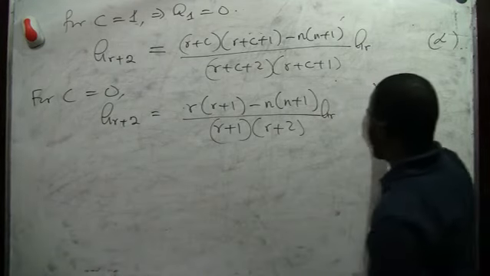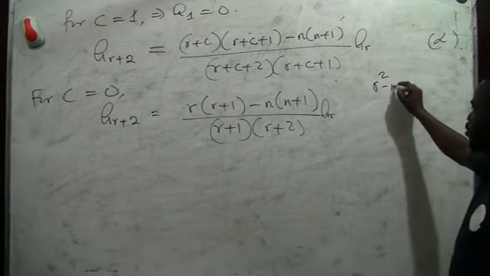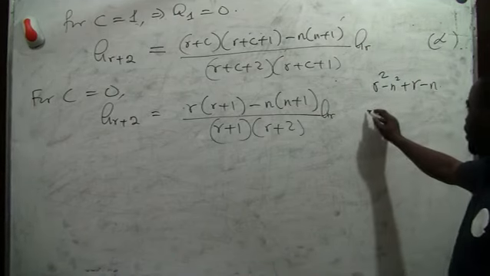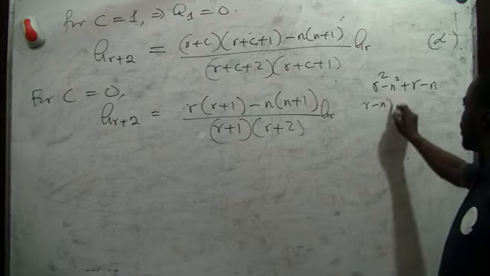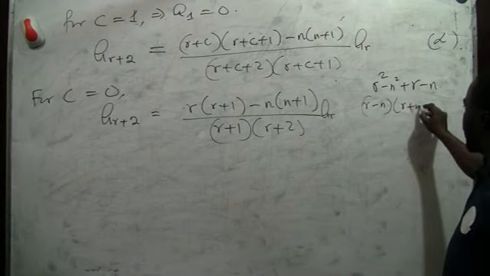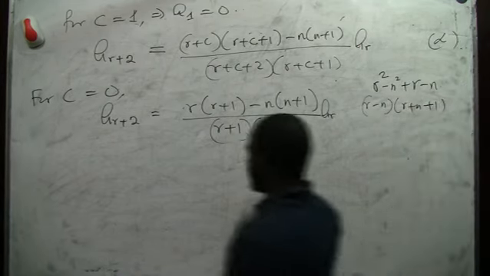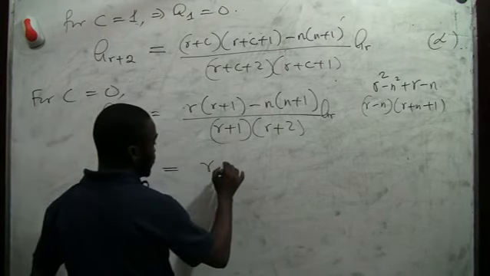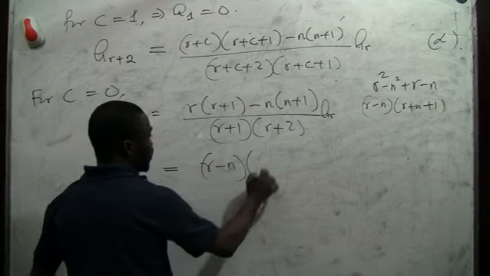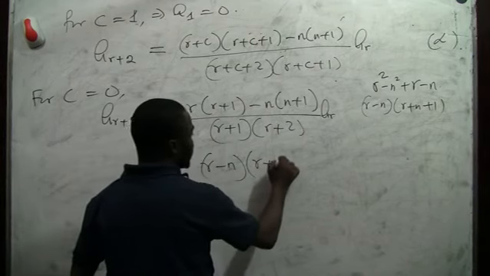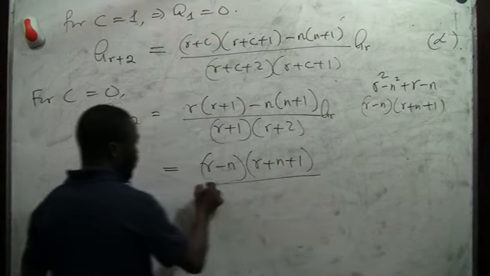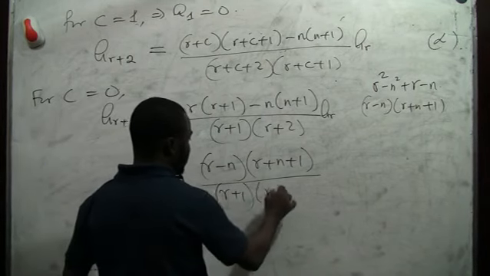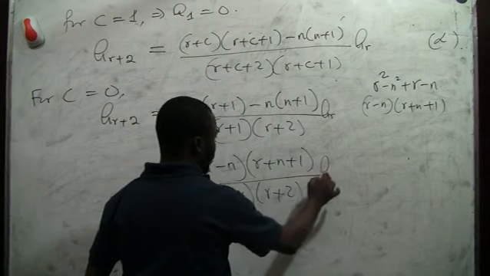That gives R squared minus N squared plus R minus N, and that is R minus N into R plus N plus 1. So we have this to be R minus N into R plus N plus 1, all divided by R plus 1 into R plus 2 AR.